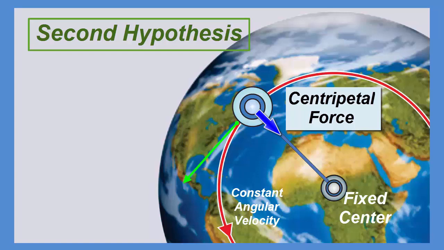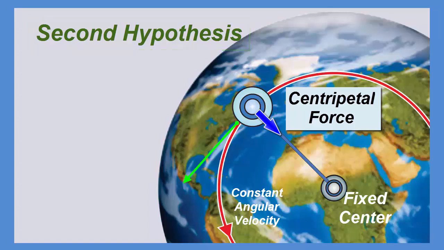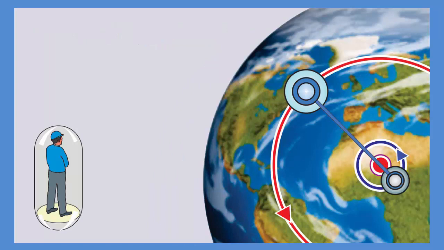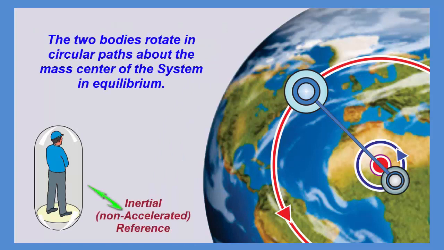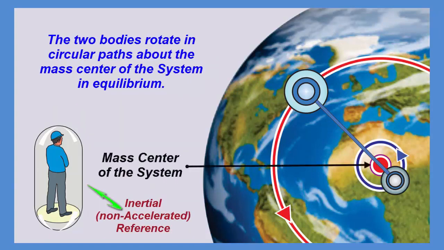They are, however, non-inertial, accelerated references. The representation of a circular motion of a body about another body at rest is applicable relative to accelerated observers, not inertial ones. Therefore, it does not correctly explain the process in accordance with the laws of motion. The circular motion of a body, forming a system with another one, can only happen about the mass center of the system.